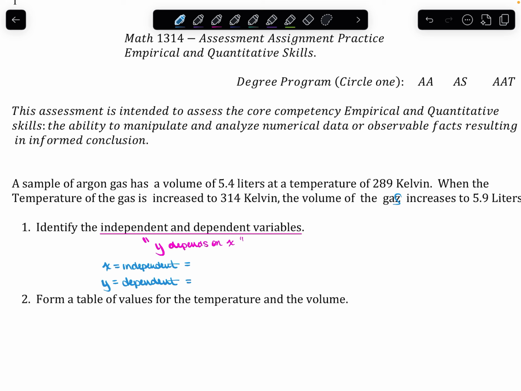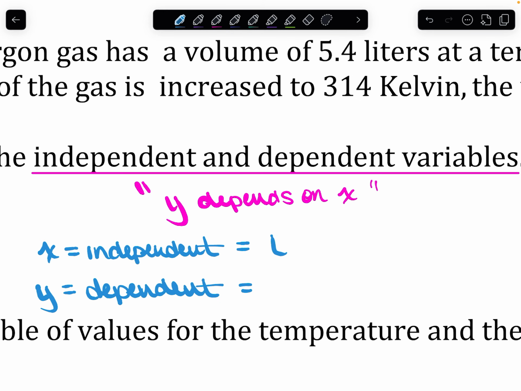Second sentence: when the temp is increased, the volume increases. The wording of this statement is important. It says when we increased the temperature, meaning we were allowed to increase the temperature all by itself, then the volume of the gas went up. Being allowed to change the temperature first is what makes the temperature the independent variable.